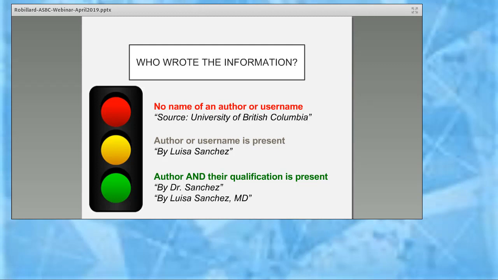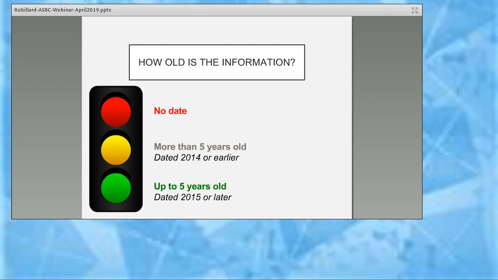So if it's by Dr. Sanchez or Luisa Sanchez, MD, and you can tell, okay, Dr. Sanchez, she went to medical school, and so probably she can talk about medicine more so than somebody who did a different type of qualification. So always look for who wrote the information and whether they're qualified to contribute that information.